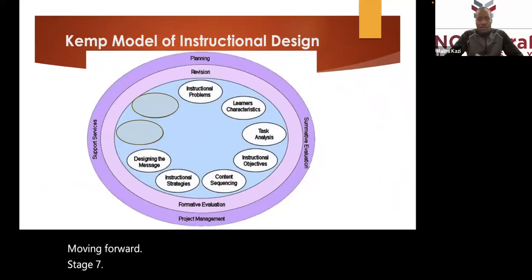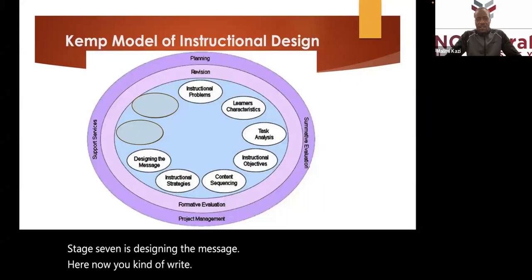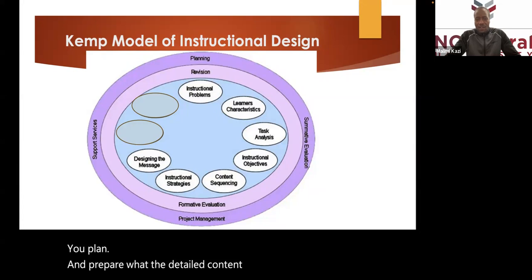Stage 7 is designing the message. Here now, you write the lesson notes. You plan and prepare the detailed content of the class.